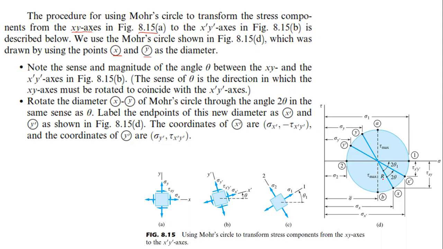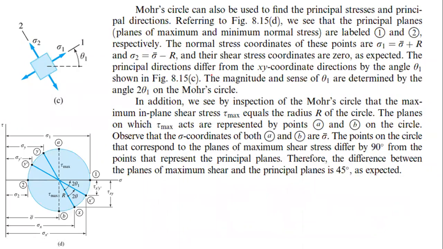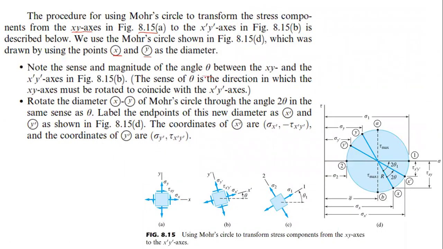Note the sense and magnitude of the angle theta between the XY and X prime Y prime axes in figure 8.15b. The sense of theta is the direction in which the XY axis must be rotated to coincide with the X prime Y prime axis.